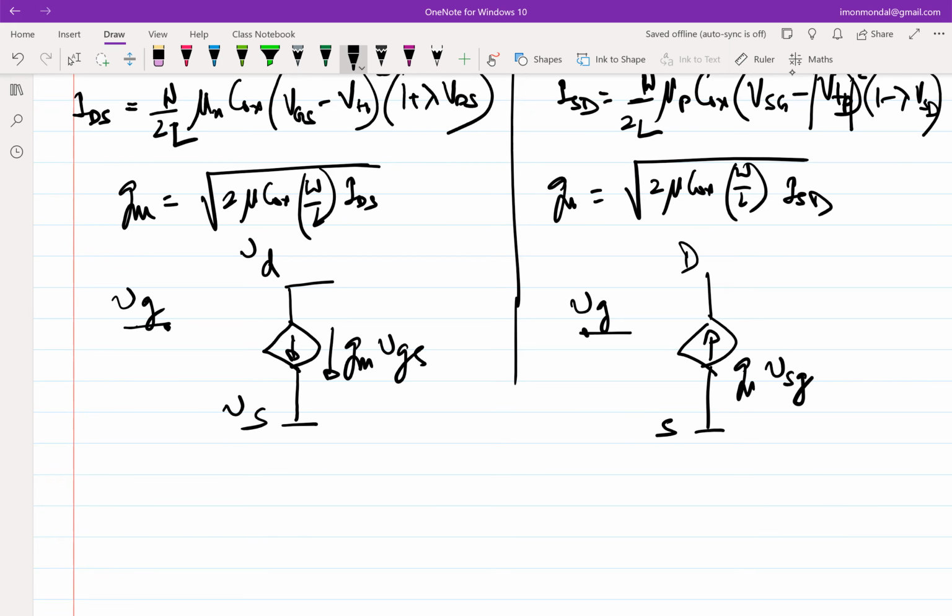Like gravity, from top to bottom is the direction we are more accustomed to. So we flip everything and keep this current direction the same, and this remains gm times VSG, right? This is typically the model most people tend to use, and which I also find to be more intuitive.